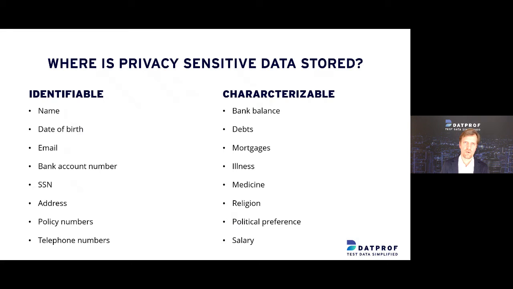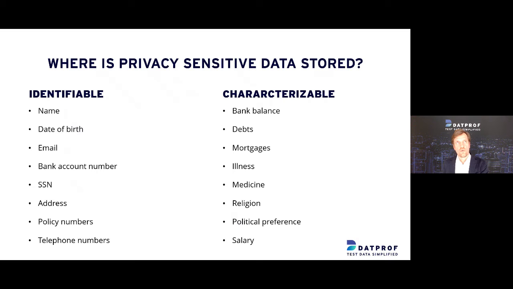The characterizable data, it should not be possible that you are able to find these in public sources. Social security numbers should not be available in public sources as well, of course. But what's interesting, especially in the identifiable part, is that these types of data will help you to rather quickly identify a small number or one individual already in a set of data.